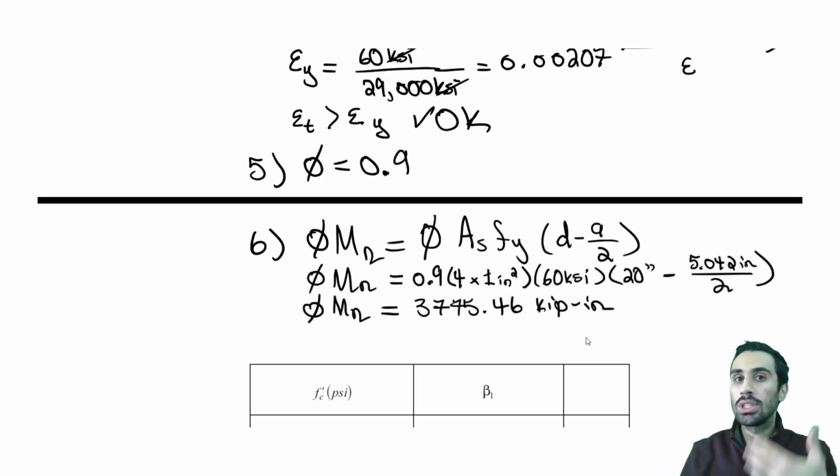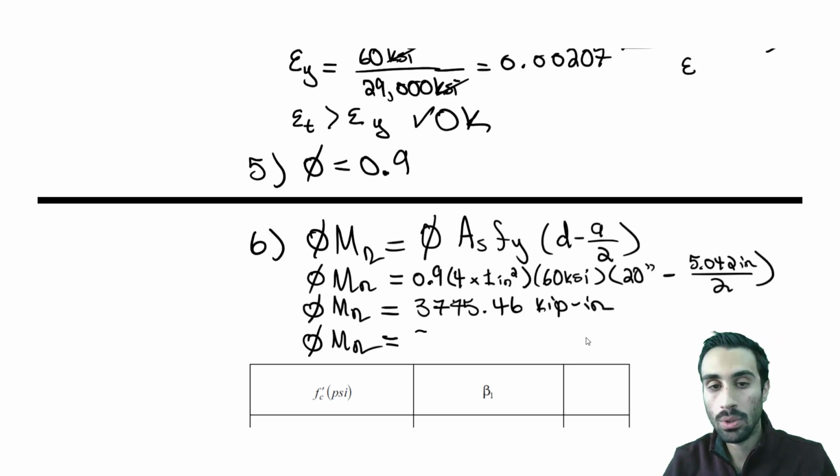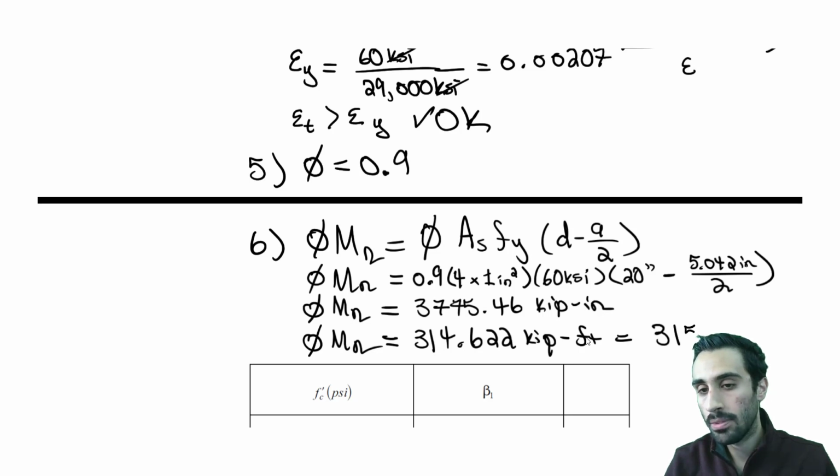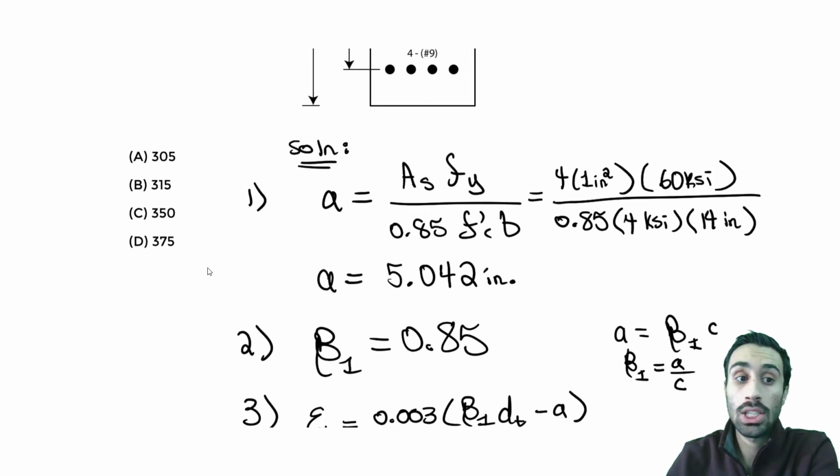We know there's 12 inches in 1 foot. You just divide by 12. So phi Mn, you take that value, divide by 12, you get 314.622 kip-foot. And that should equal about 315 kip-foot. That would be the closest answer for that one. So 315 kip-foot. If we go above, that one should actually be B. So it should be B for that one.